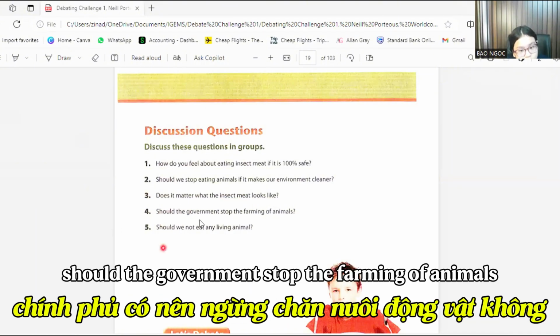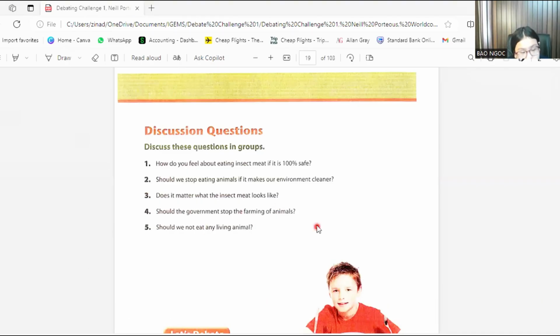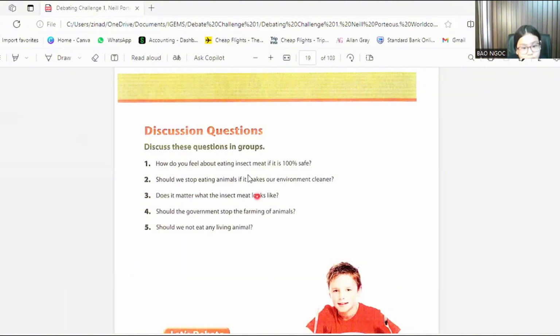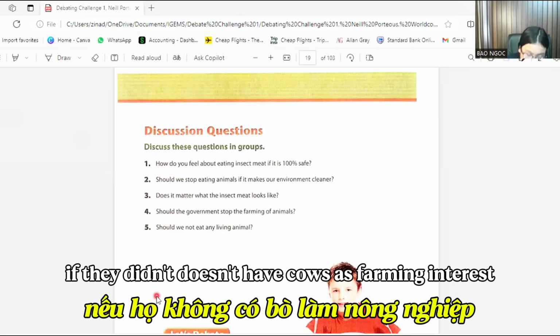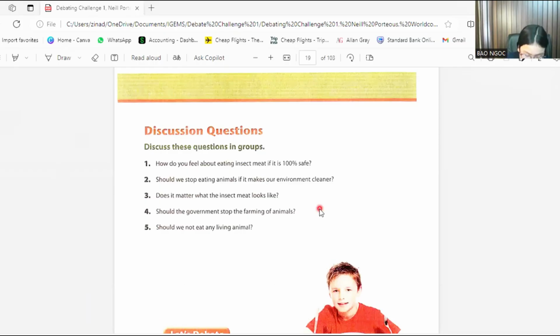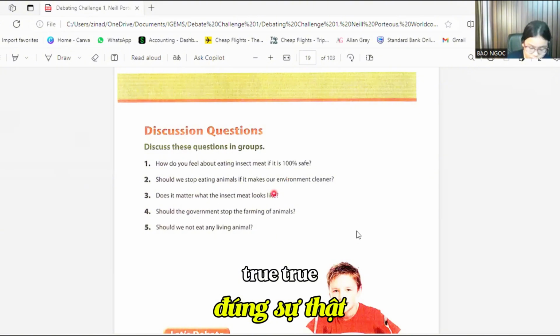Question 4. Should the government stop the farming of animals? No. Okay. Why would you say that? What do you mean by that? Because if they don't have cows as farming and just let them out, then there would be no milk for the kids. True.